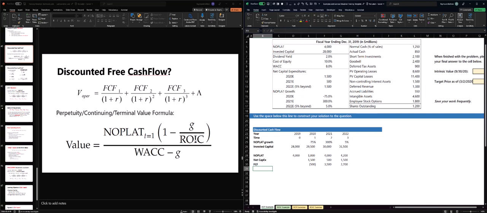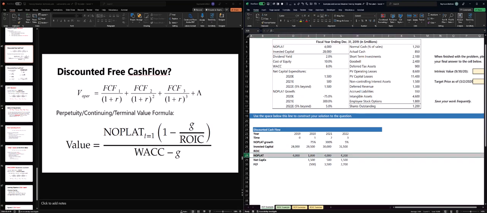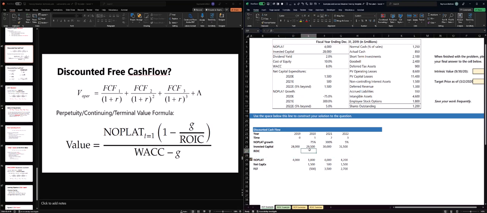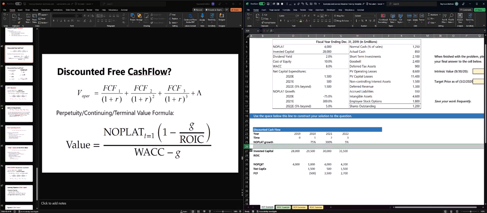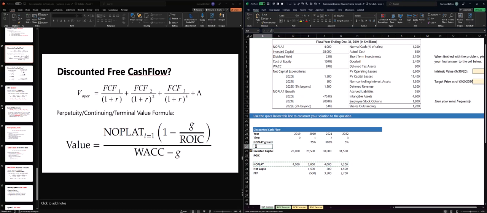So what is return on invested capital? It's a return on your NOPLAT. Let me add a line. So you have your NOPLAT. Maybe I should move this over here and do that.